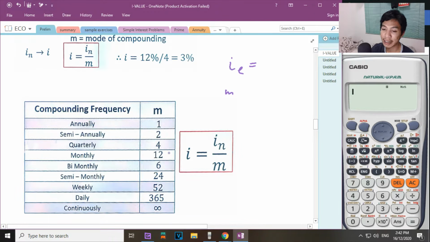So, 12. Bi-monthly, ibig sabihin, dalawang buwan muna bago mag-compound. Pag semi-monthly, ibig sabihin, 2 beses, isang buwan siya magko-compound. Kapag weekly, lingguhan ang compounding niya, daily, and continuously in perpetuity hanggang sa matepok ka. Okay? Yun ang pinagkaiba nila.